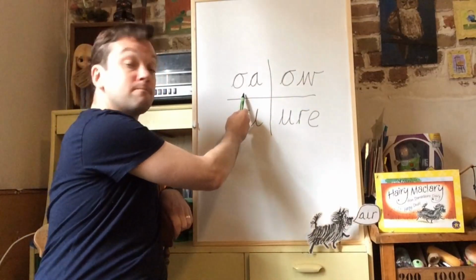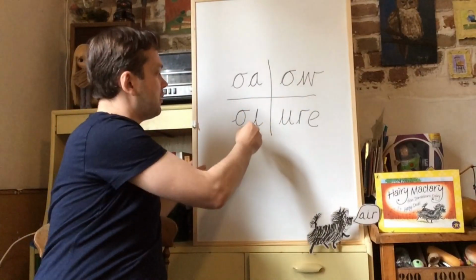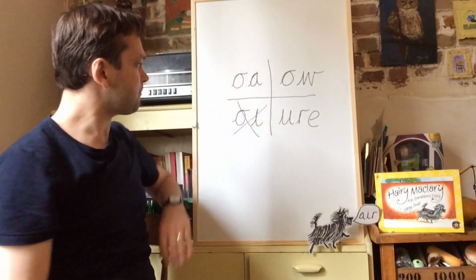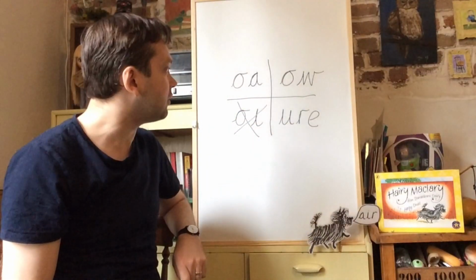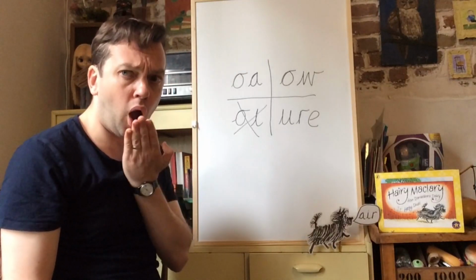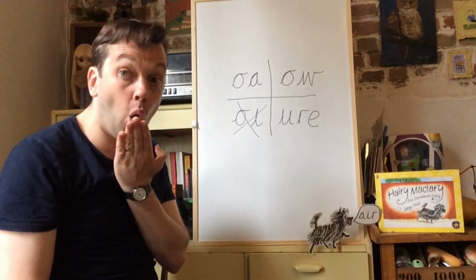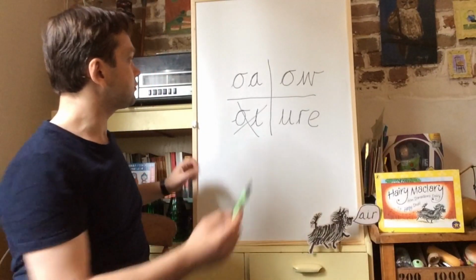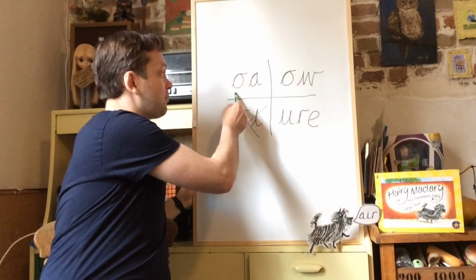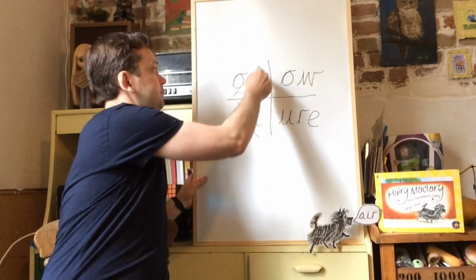Is it this one? No. The letters O and I that make the sound oi. Well done. The next one. O. Could you cross out O, please? Which one? Yes, it's the letters O and A that make the sound O.